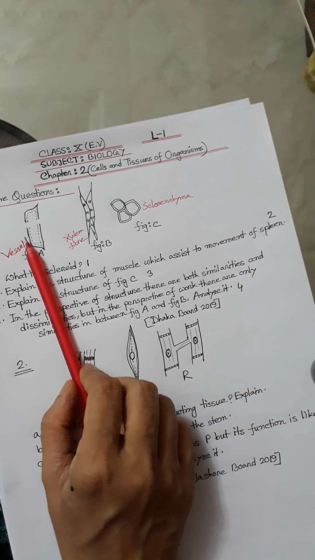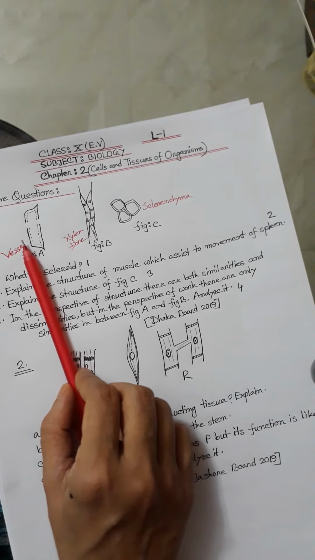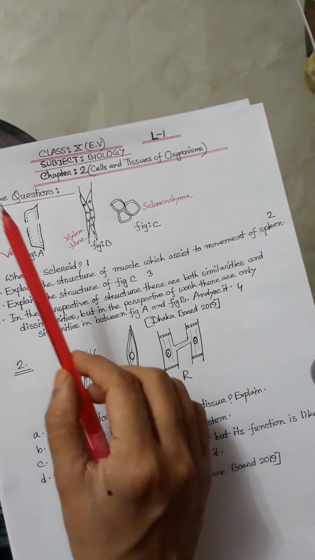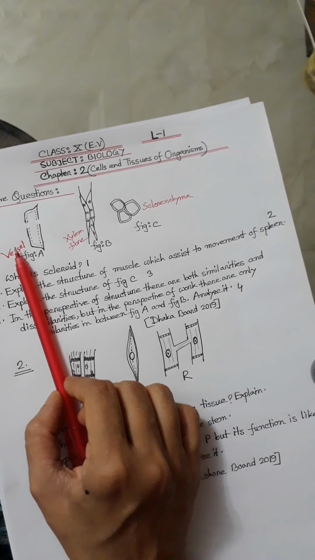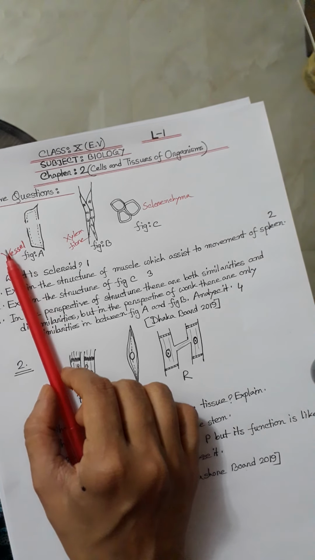This is how a narrow continuous channel is developed for the upward movement of water. In their early stage of development, the cells are filled with protoplasm, but when they are mature, they die by losing protoplasm.